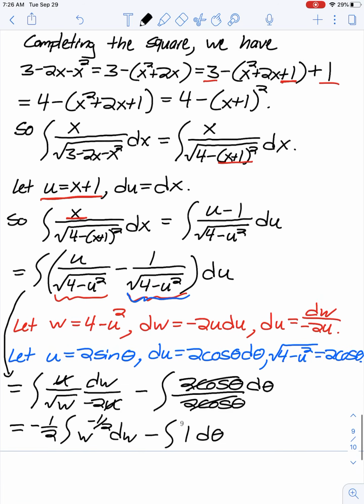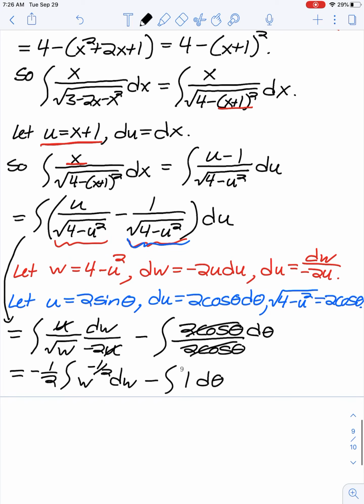And so we are left with a negative 1/2 times the antiderivative of w to the negative 1/2, which would be w to the positive 1/2, or root w, divided by 1/2, which gives us multiplication by 2, minus the antiderivative of 1 d theta, which would be 1 theta. And then, since this was an indefinite integral, I want my constant plus c.